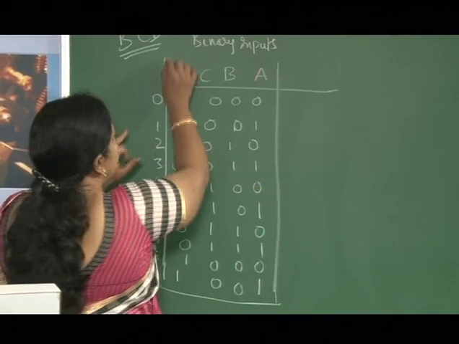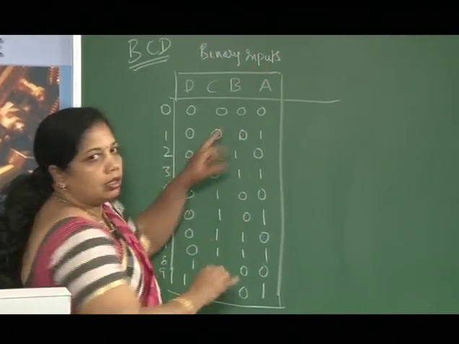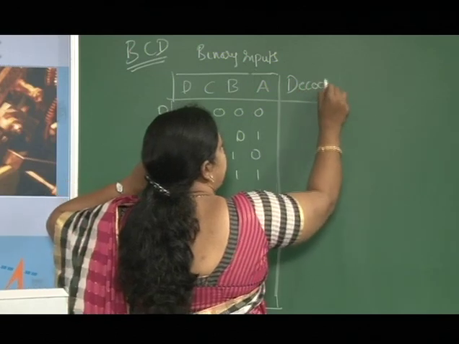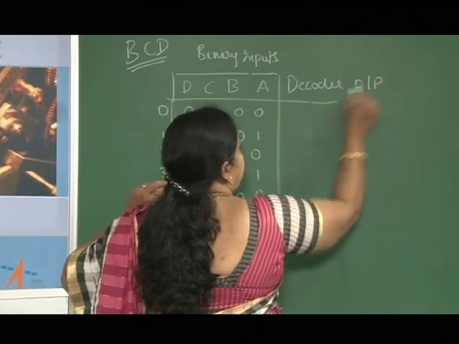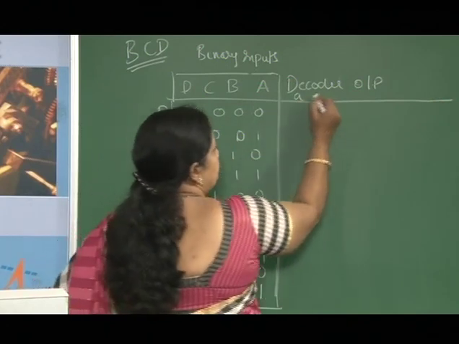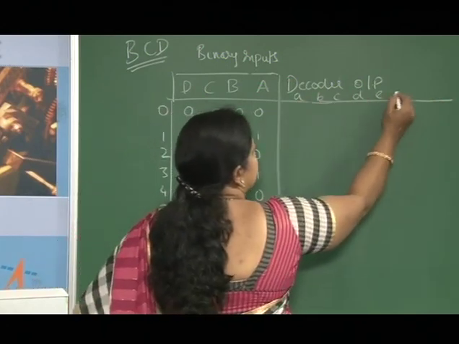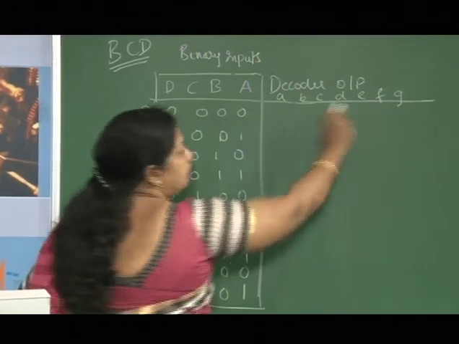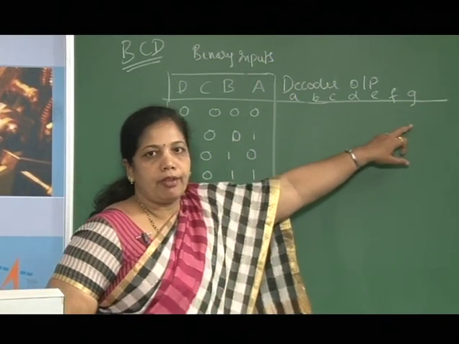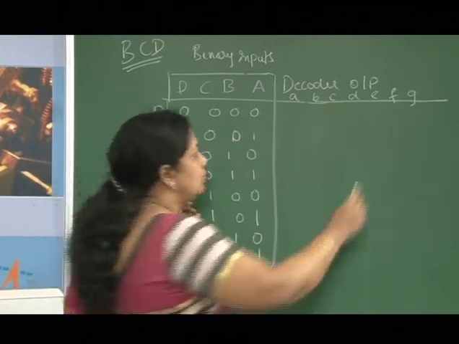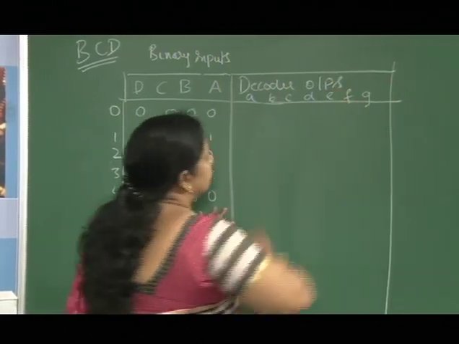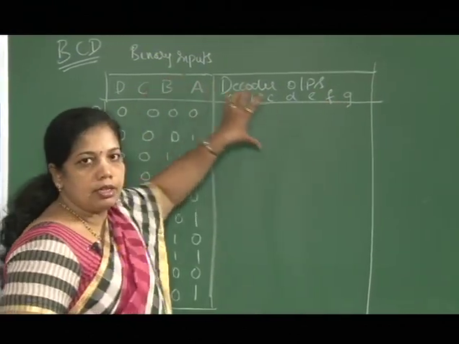These are my binary inputs, and my decoder output will be, as I discussed, we have 7 outputs A, B, C, D, E, F and G. These are decoder outputs, these are inputs and these are outputs.